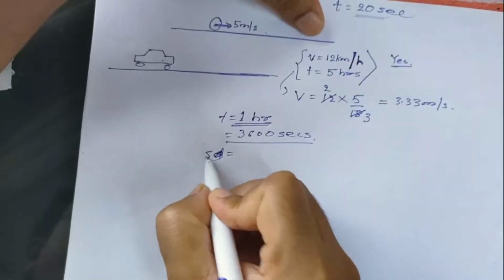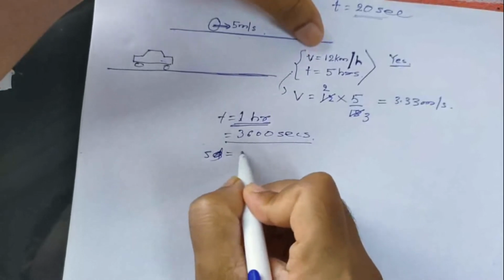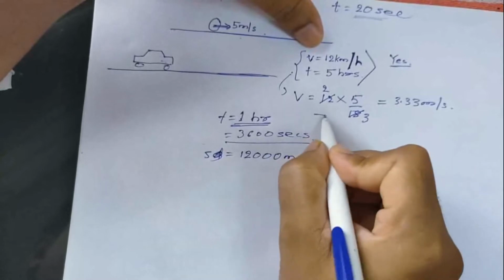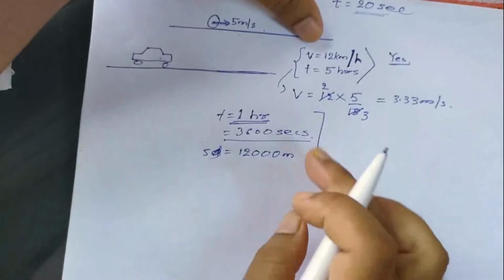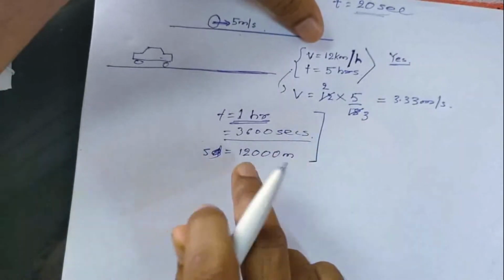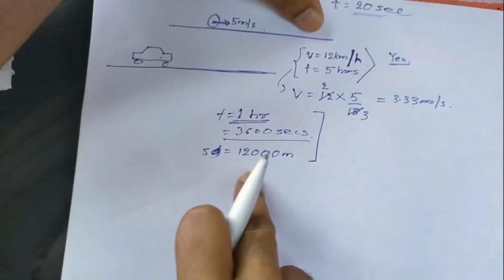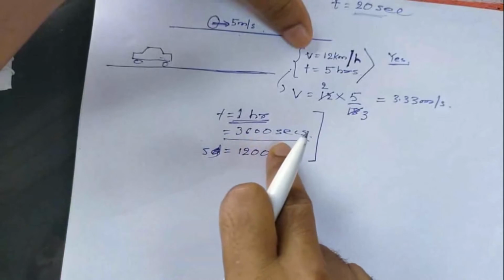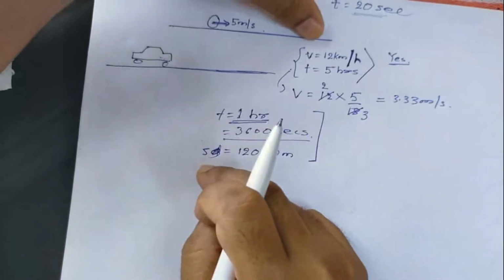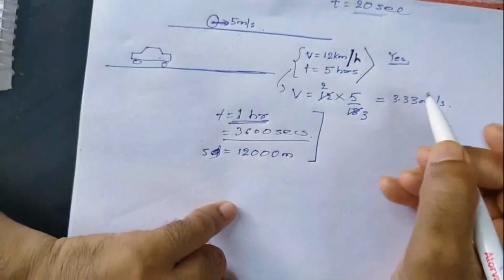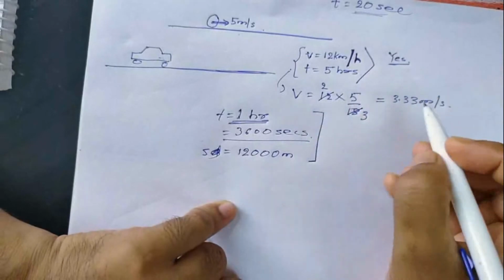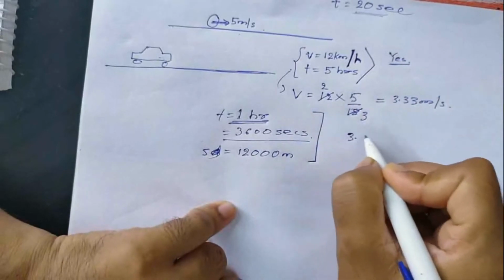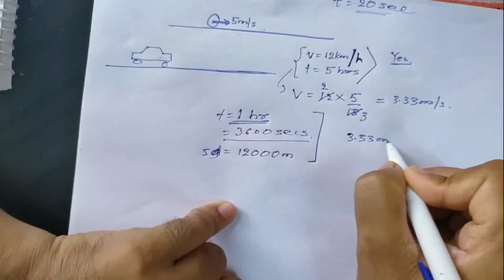Sorry, you have covered a distance of 12 kilometer, that is 12,000 meter. So we are going to analyze this, that the car traveled a distance of 12,000 meter for a duration of 3600 seconds. So there are high chances that the driver might have driven the car at a speed of 3.33 meter per second, right?